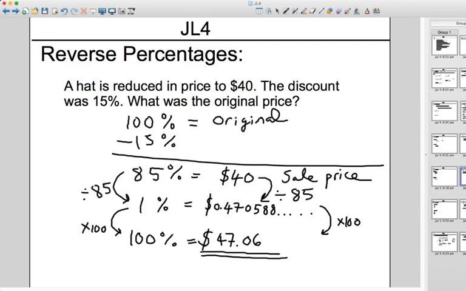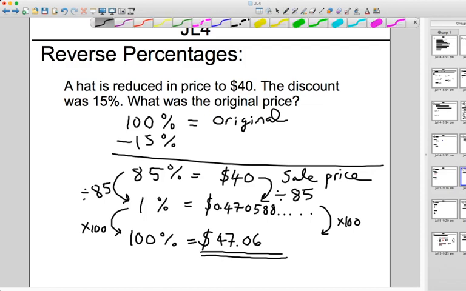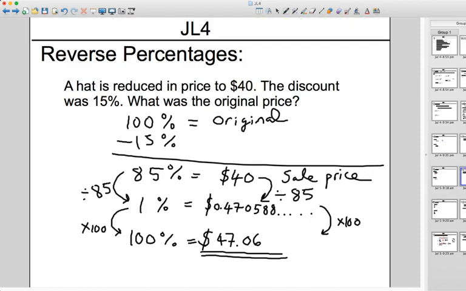Why? Well, you have to look at the decimal above. If I move the decimal point along 2 spots, it goes in there. Yeah, 47.05. But I say that the answer is 47.06. Why? Because that 5 will round up due to that 8.